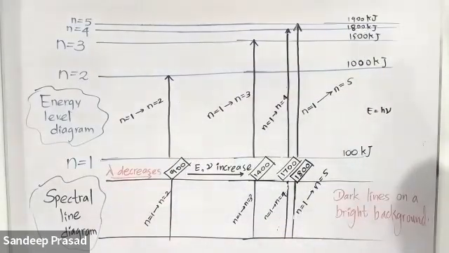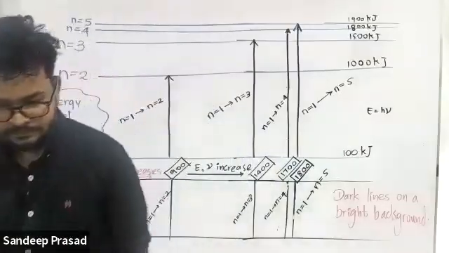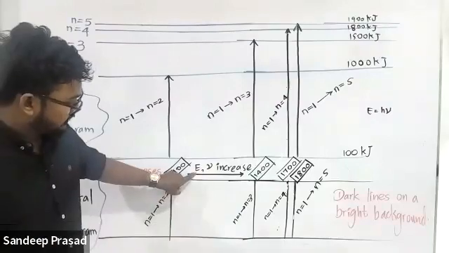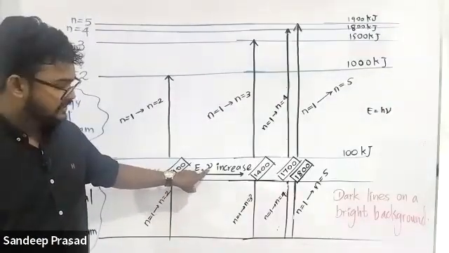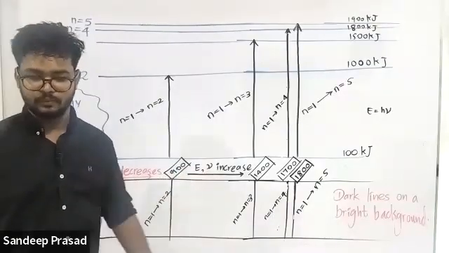If you want, you can take a screenshot, photograph, doesn't matter, right? Of E, this is nu. Nu means frequency. This is the symbol that we are denoting frequency. Nu, Greek letter, nu.